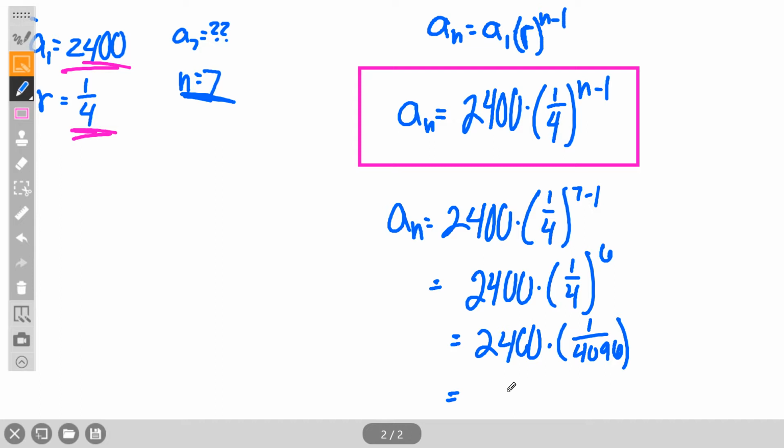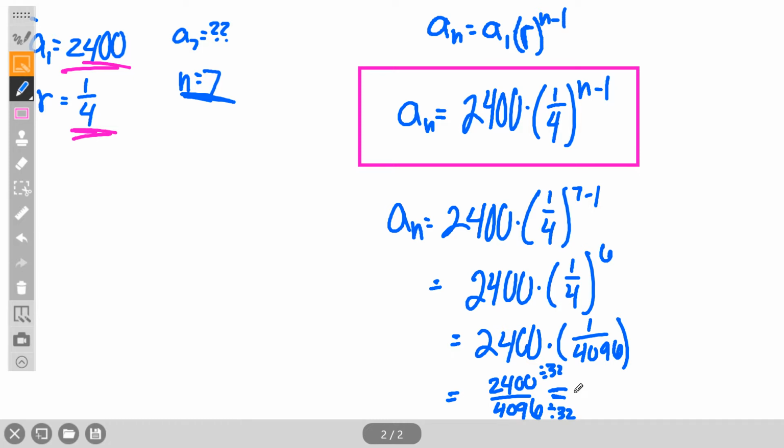2400 times 1 over 4096 is 2400 over 4096. 2400 is divisible by 32, and so is 4096. Okay, so I can simplify both of those by dividing by 32.